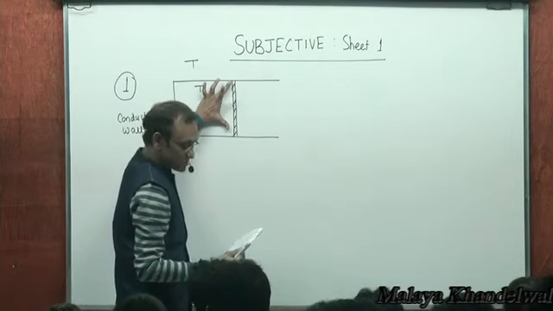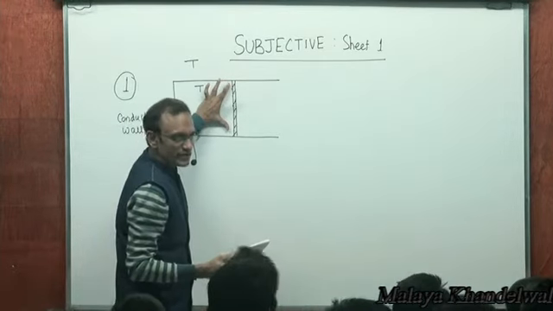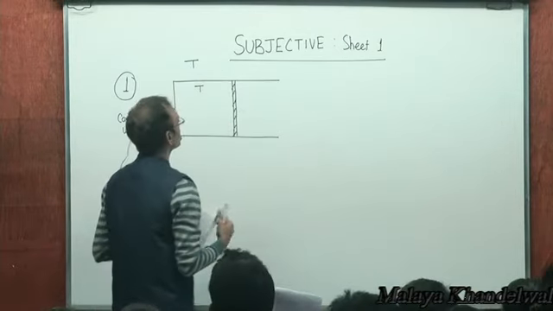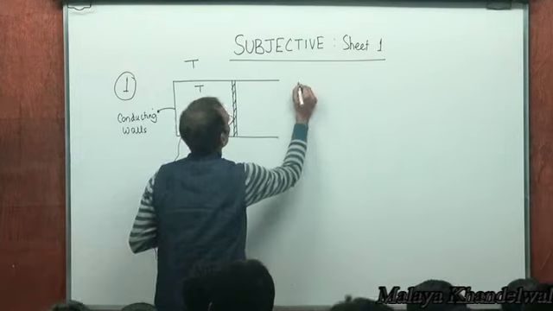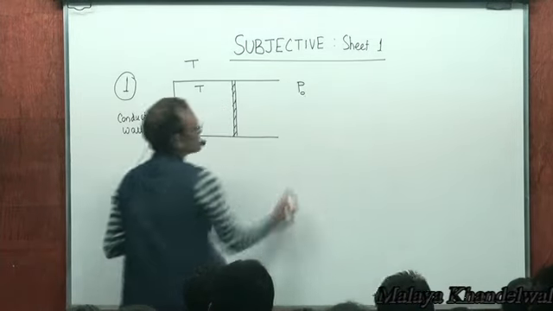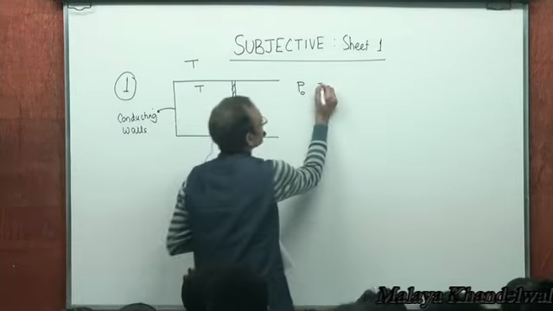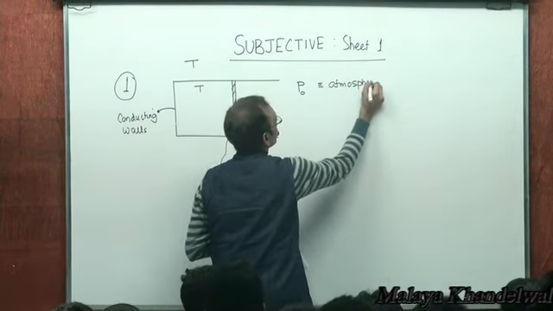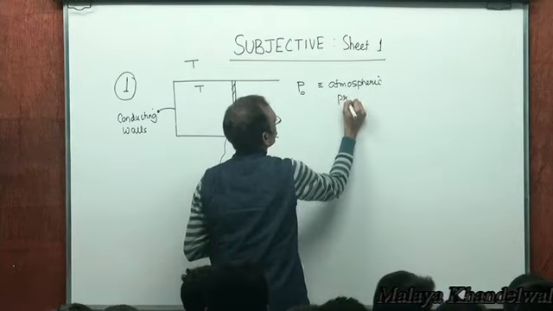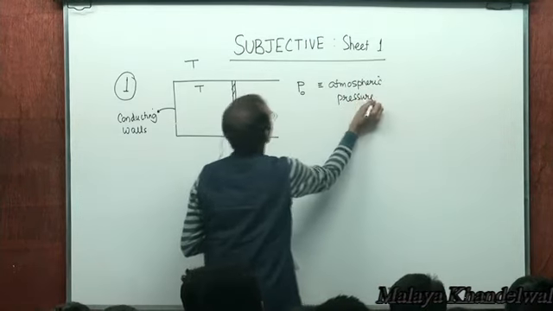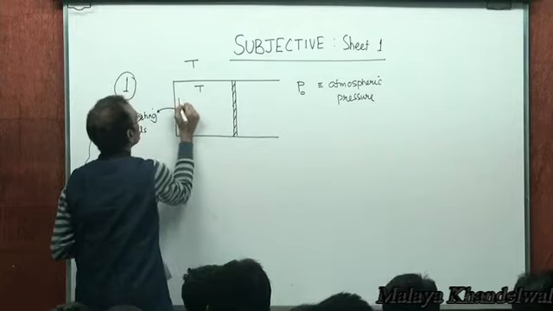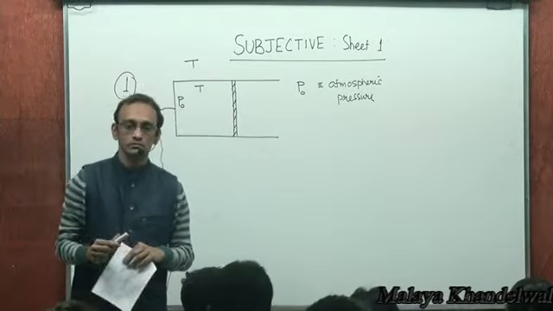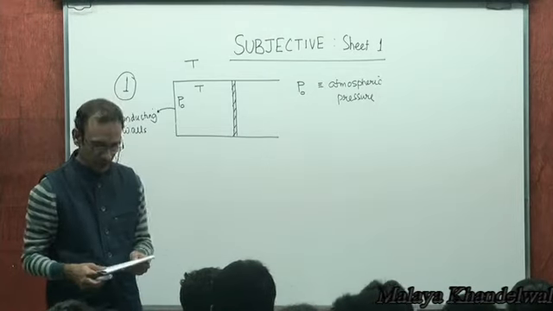The piston is initially at rest and in equilibrium. That means if P naught is the atmospheric pressure which acts on this piston, then P naught must be the pressure of the gas for this to be in equilibrium, right?